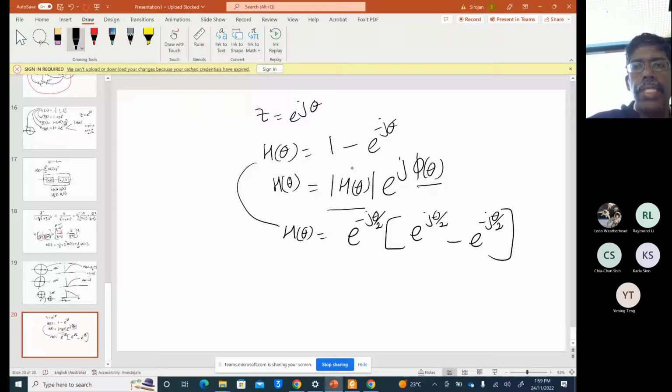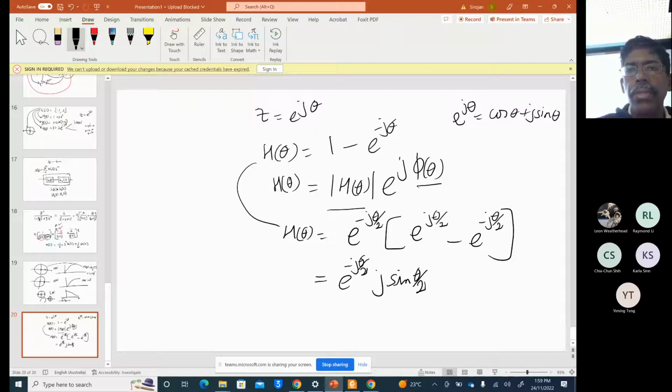So here you have the sine pattern. e to the j theta is cos theta plus j sin theta, and here cos theta minus j sin theta. So both cos theta terms cancel out. So you get e to the minus j theta by 2 times 2j sin theta by 2.